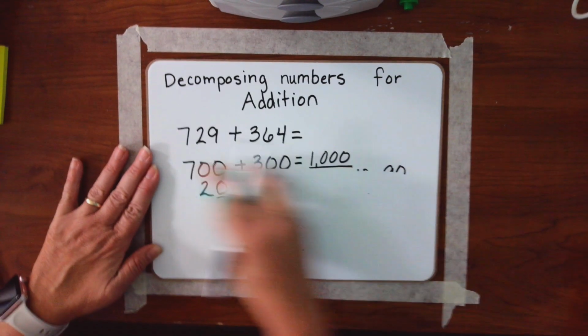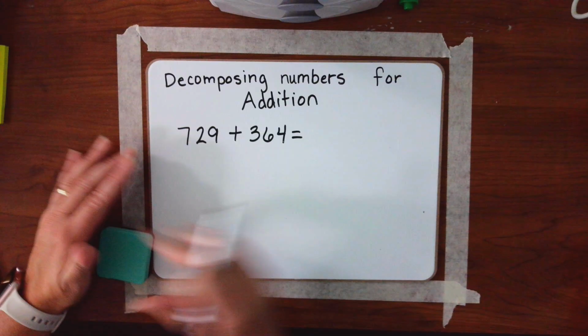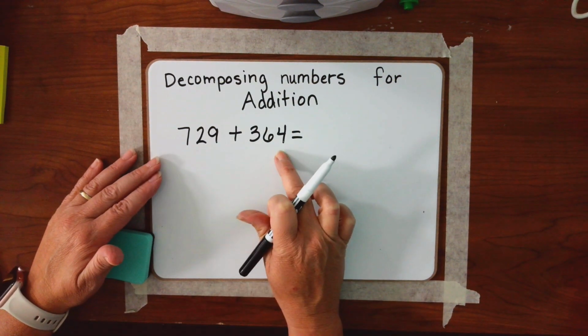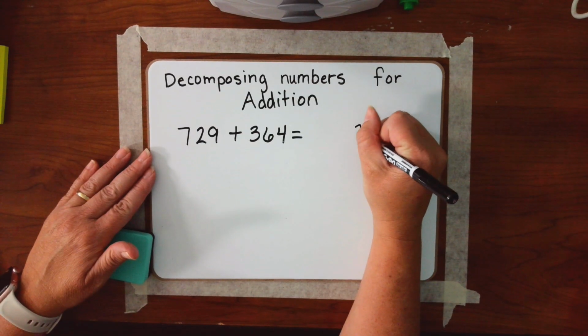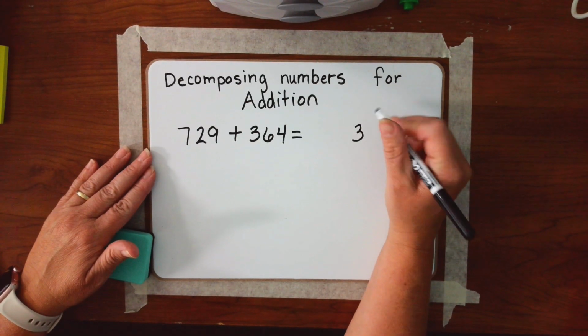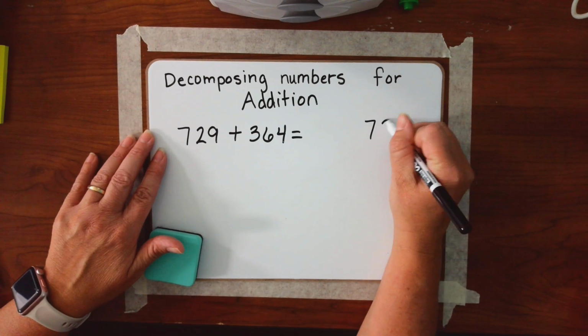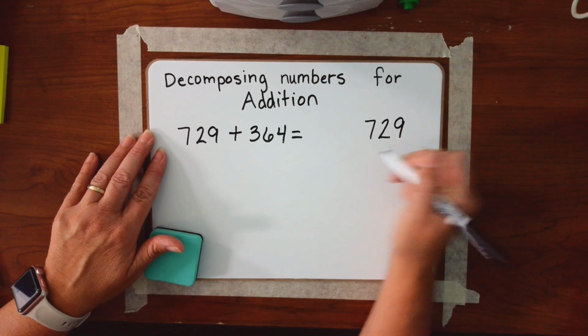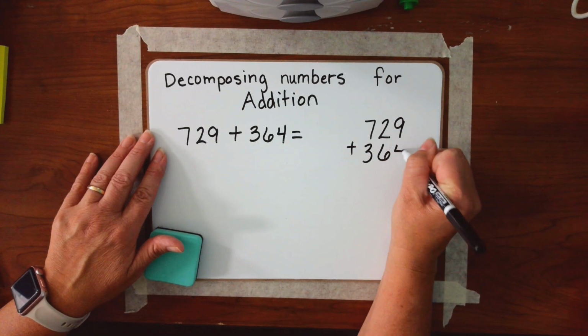But I'm going to leave my problem up here because I'm going to rewrite my problem because this is horizontally, but I'm going to write it stacked. 729 plus 364.